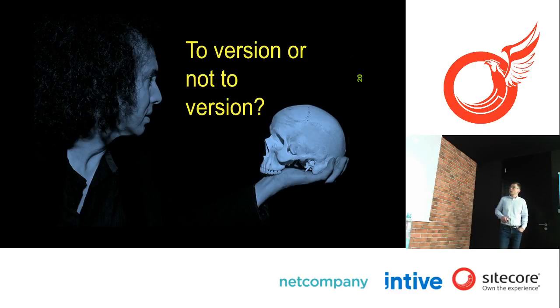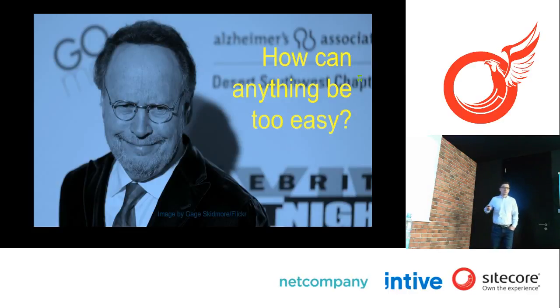Now, what's the problem with SXA? That it makes this editing sometimes too easy. Now, how can something be too easy? If we version items responsible for the page layout, we want to have a strict process of updating them. So we want to do this on a developer machine, then put it on integration for testing, then from integration to QA, and with the release to production.